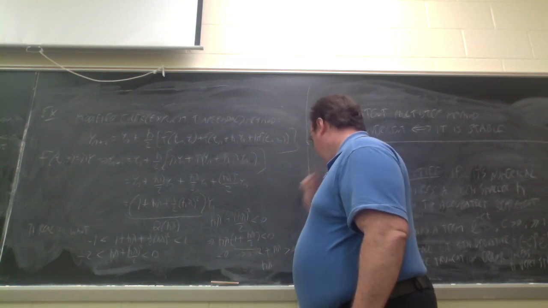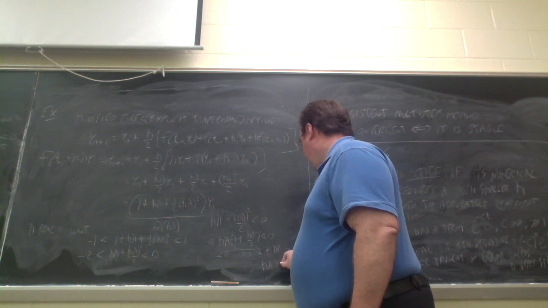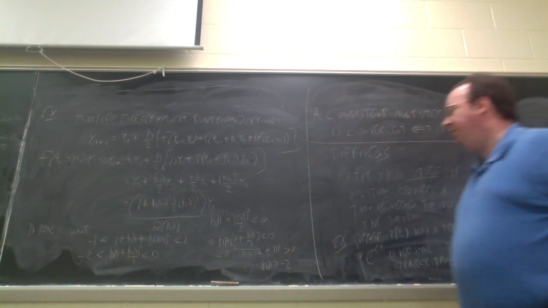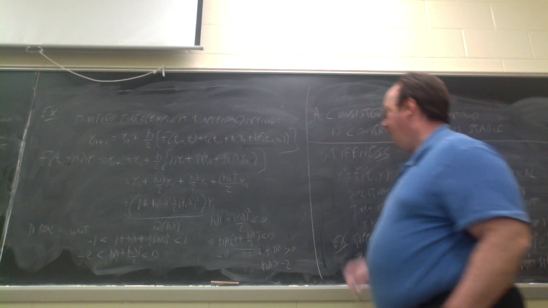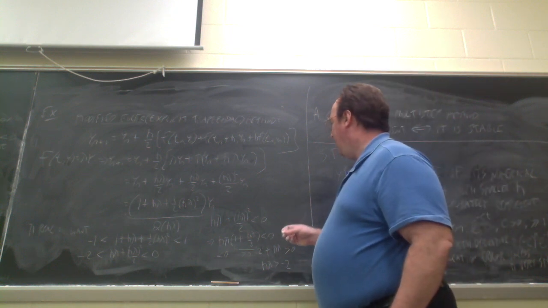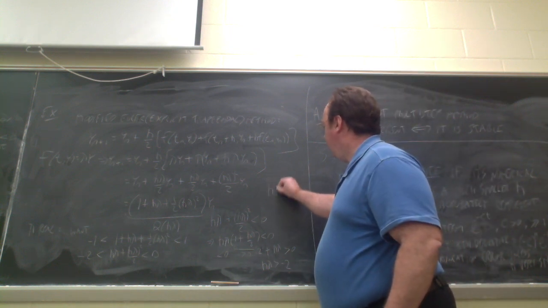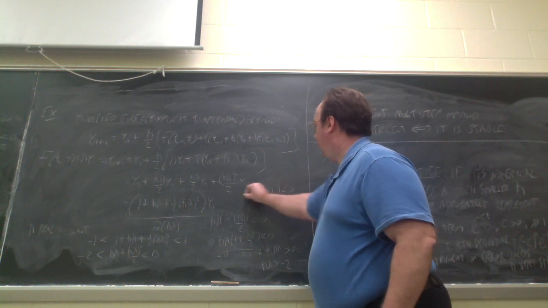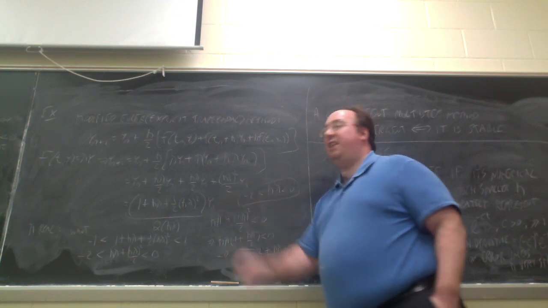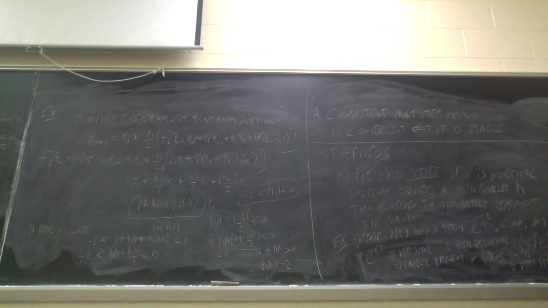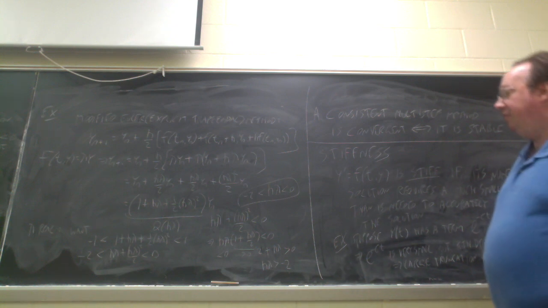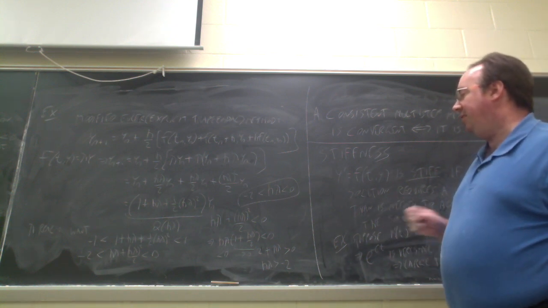Okay, so h lambda must be greater than minus 2. So, as a necessity, I must have this condition satisfied to even have a chance of this whole thing having less than 1 in absolute value.